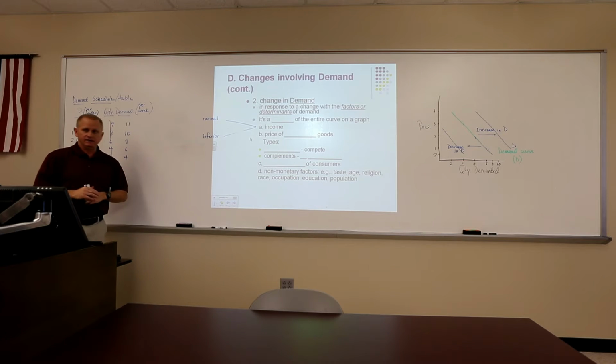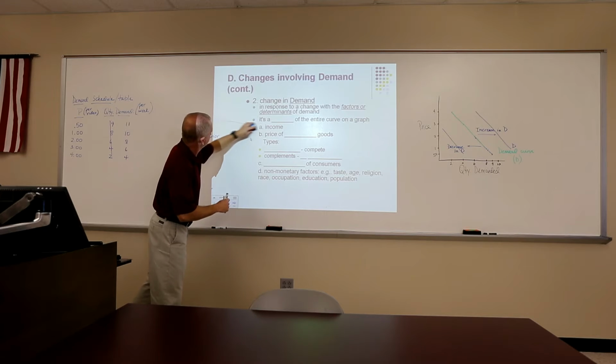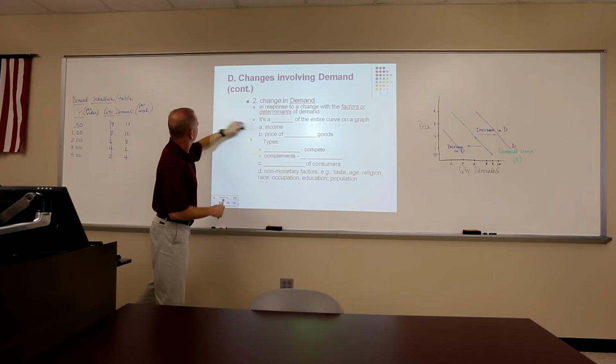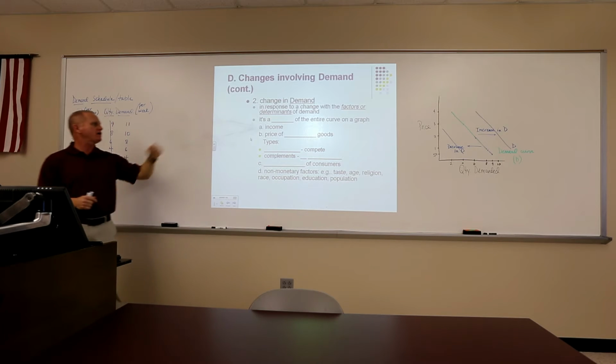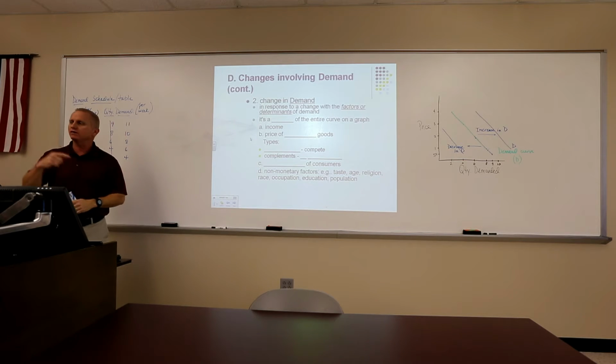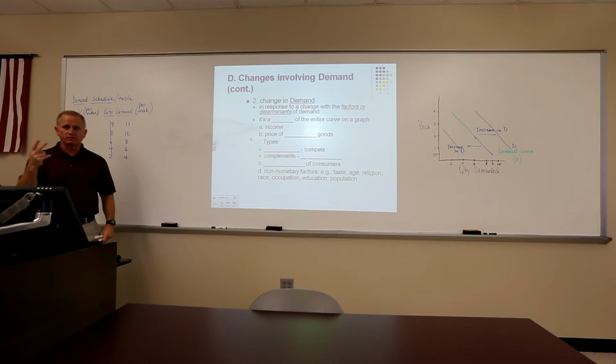All right, letter B. Let's look at letter B. The word that goes in here is related goods. Price of related goods. There are two types of related goods.